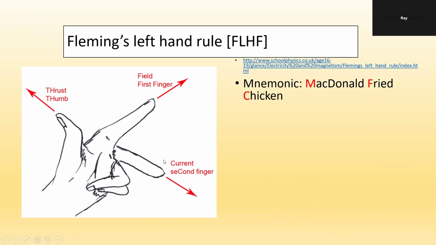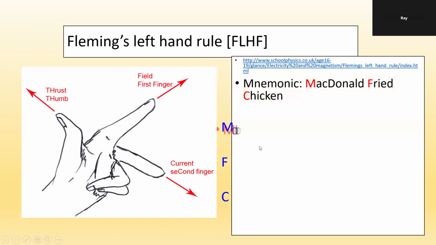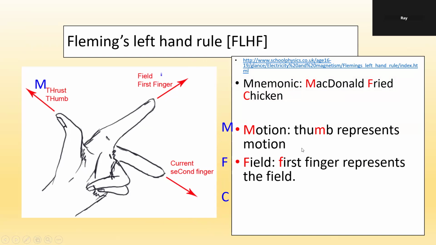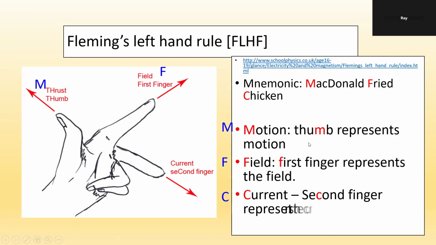That's my way, but your students are more imaginative. Thumb represents motion or force, first finger represents the field, second finger represents the current.